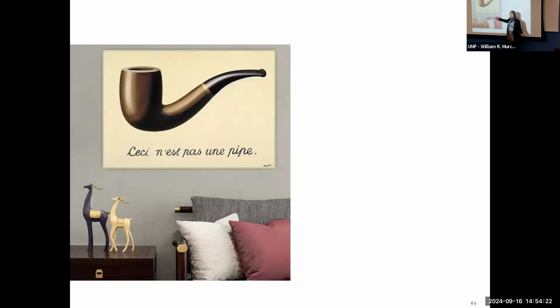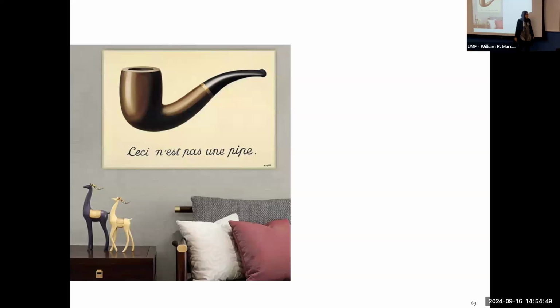But this is not a pipe. So this famous piece of art is mentioned in French. Ceci n'est pas une pipe means this is not a pipe, which is representing the image or the representation of a real world pipe. Even though it looks really very close to the reality, it's famous with this sentence or proposition saying that this is not a real one.